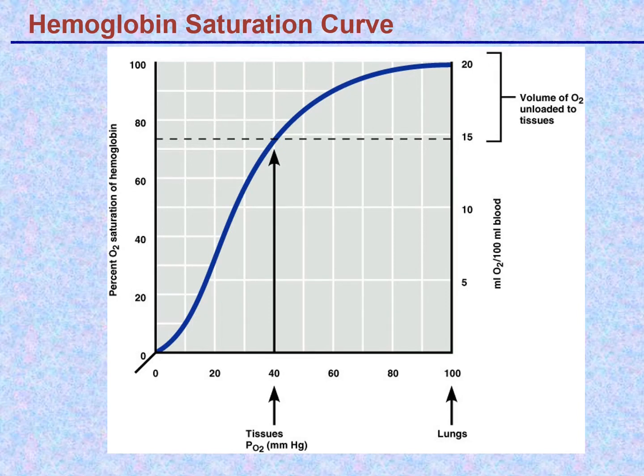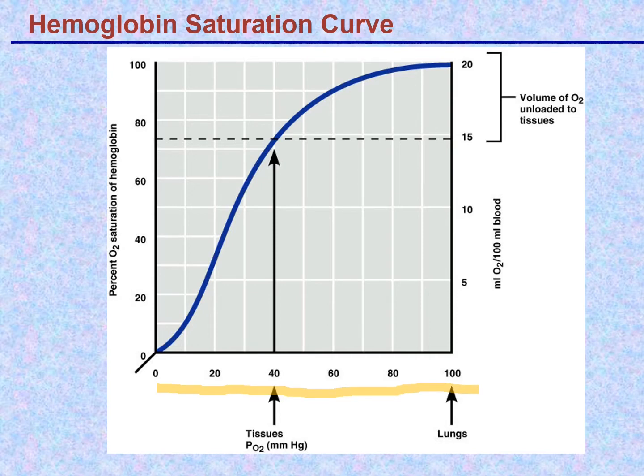Okay, so this next graph we're going to spend a little time going over. This is what is called the hemoglobin saturation curve, sometimes called the hemoglobin dissociation curve. What we have along this horizontal axis is PO2.